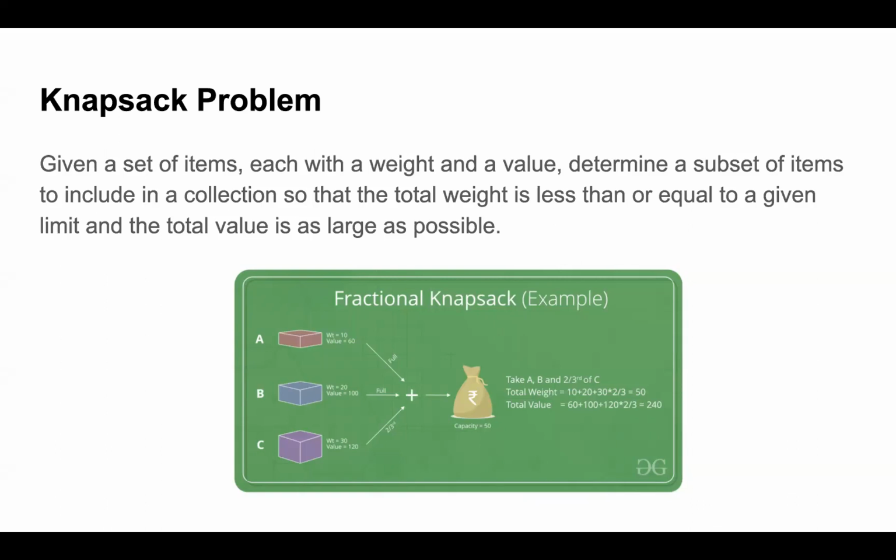And C we have is 30. Now see here, if it is the simple knapsack problem, it will be over now, if we consider A and B, because C is greater than the remaining capacity of the knapsack.